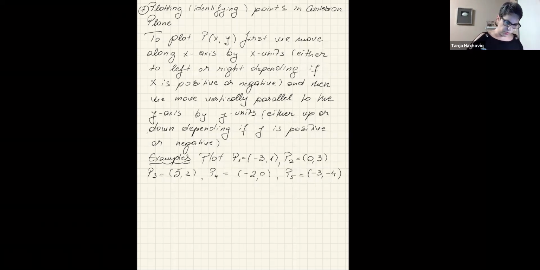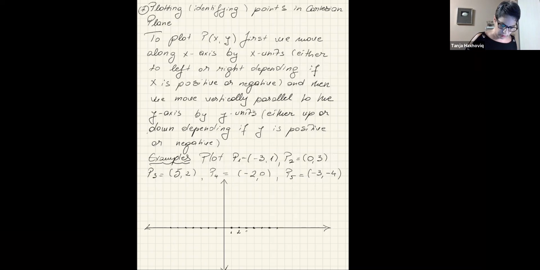Okay. So let me draw the Cartesian plane first. So 1, 2, 3, 4, 5, 6, 7, and so on. Minus 1, minus 2, minus 3, minus 4, minus 5, minus 6, minus 7, and so on. These are the x-axis.